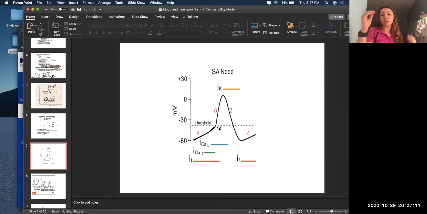Via these gap junctions, the depolarization moves down the conduction circuit to the contractile cells, and they in turn are responsible for contraction.